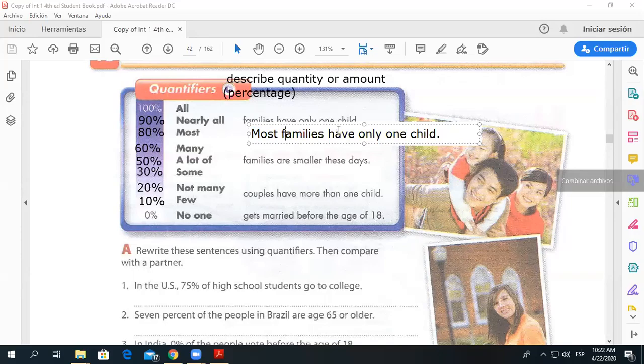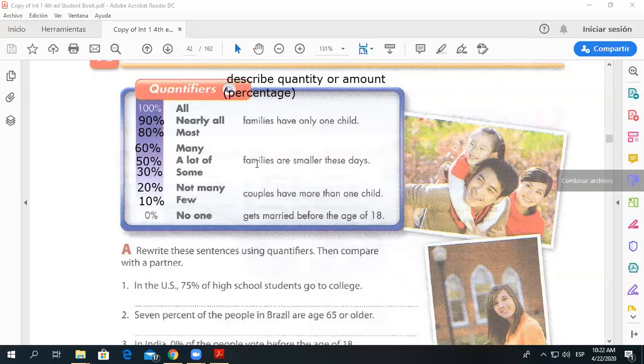So most families have only one child. You see, it was 85%, but I just took this one because it's the one that is closer to it. Okay, these numbers are not exact. We just take that as a guide.